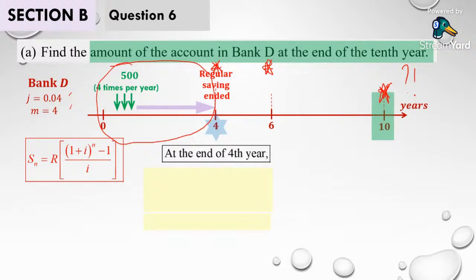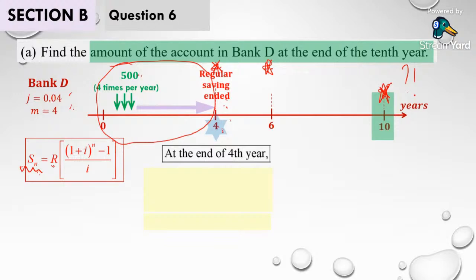So first of all, according to the info I have, if I want to find out the value at the end of 4 years, I'm looking for SN according to this formula here. The value at the end of the day is the SN. And what is the R? The regular payment R is 500.